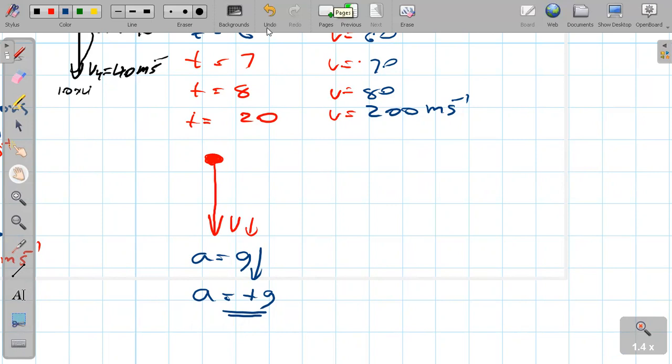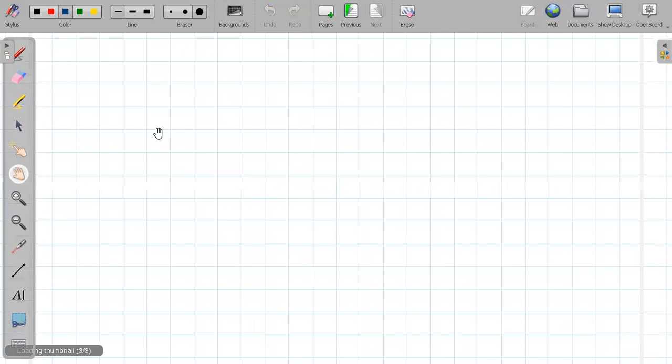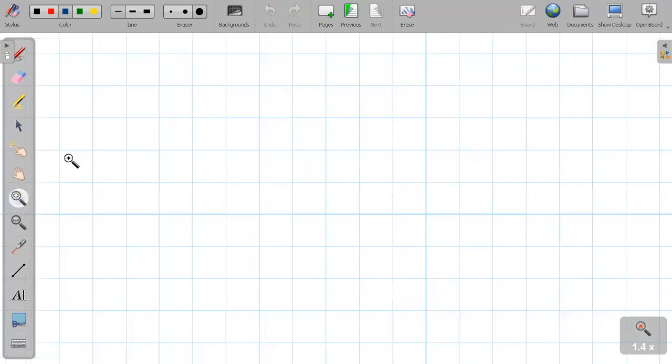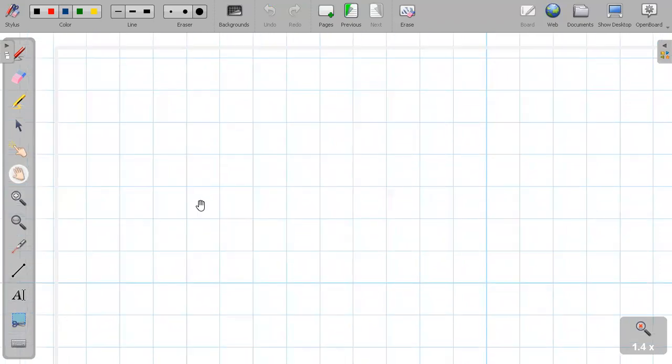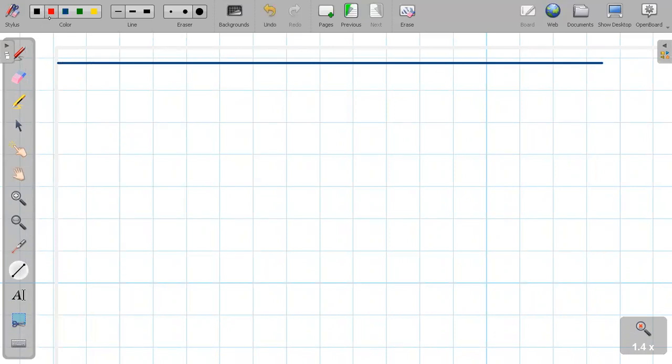Variation of downward displacement with time. Another subtopic. Let me draw a reference line. Watch this carefully, it is very important when answering questions.